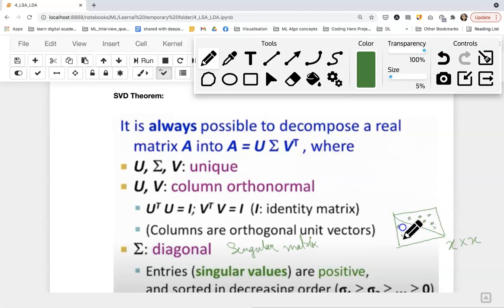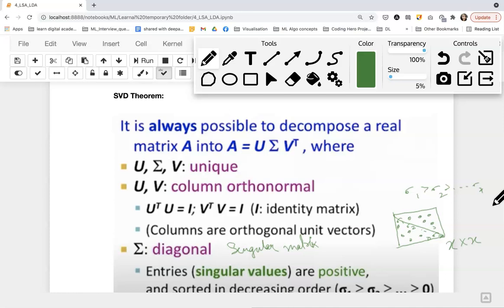Suppose this value is sigma 1, this is sigma 2 and this is sigma x, because we have x rows and x columns. Sigma 1 will be greater than sigma 2 and so on till sigma x. I hope these properties of the three matrices are clear to you.